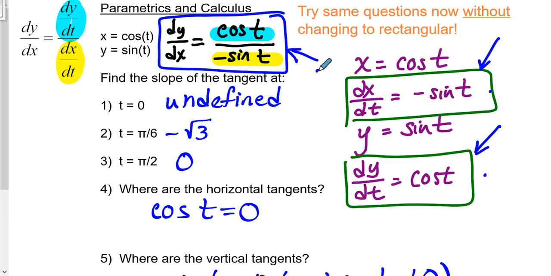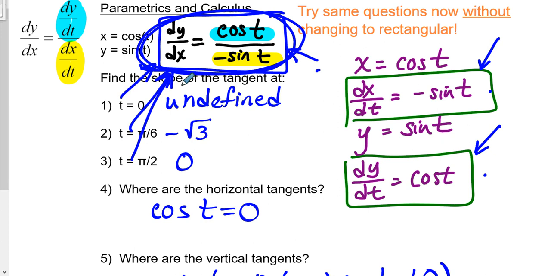Then we just do all these questions, right? Find the slope of the tangent at t equals blank. This is now super easy because look, we've got slope versus time. Right there, we can just plug in, because these are all values of t. Boom. Horizontal tangents are going to be where my slope, or my part that I highlighted blue, is equal to 0, just like we did up above.